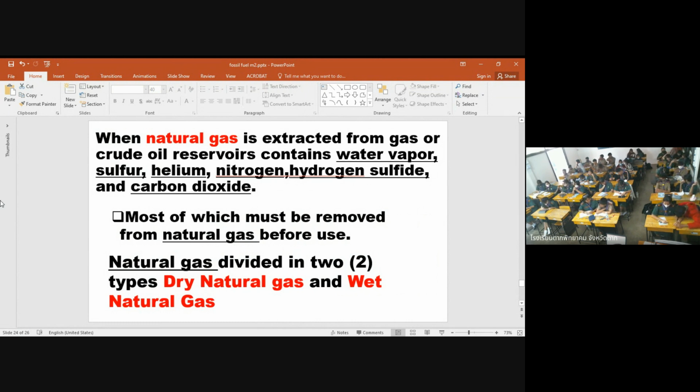So natural gas is divided into two. We have your dry natural gas and your wet natural gas. Again, we have two natural gases, the dry and the wet.